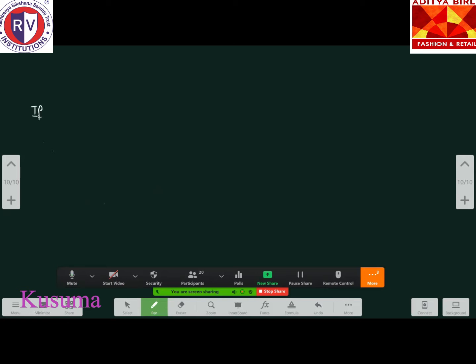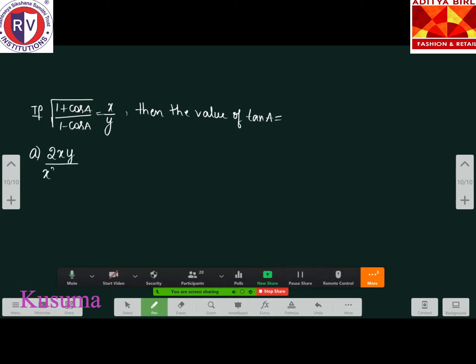If square root of 1 plus cos A divided by 1 minus cos A is equal to x by y, then the value of tan A is, the options are: 2xy divided by x square minus y square; 2xy divided by y square minus x square.